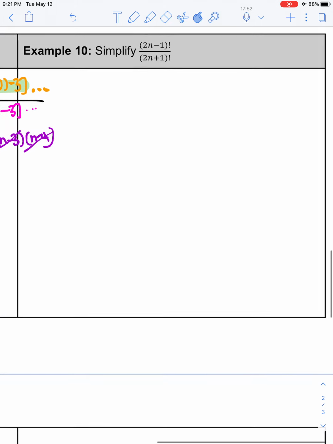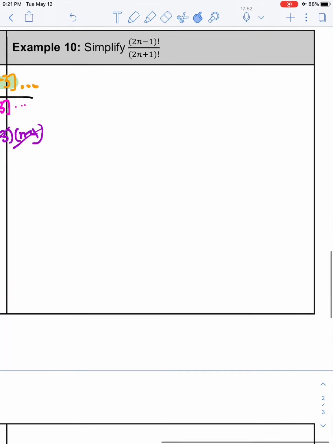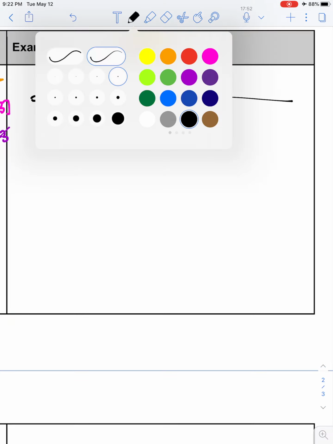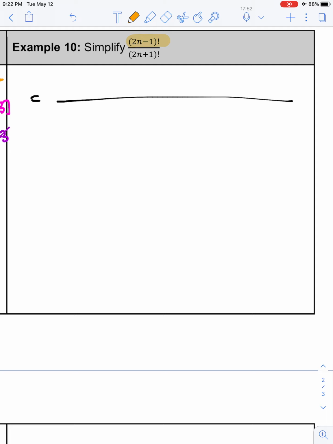All right, so we're seeing something very similar in example 10. Maybe a little bit more complicated or intimidating looking because we have a coefficient in those factorials, but again, the process and the same idea is going to apply. So we're going to start with 2n minus 1 factorial in our numerator. So we'll take our 2n minus 1 to start, and then we will multiply that by 2n minus 1, but we're going to go ahead and decrease that by 1.